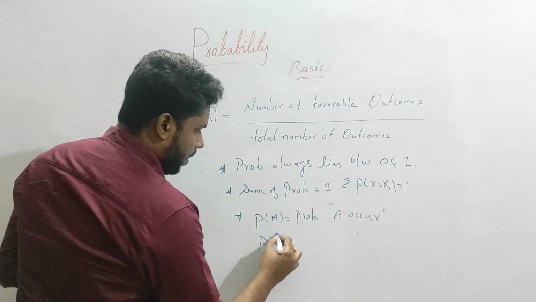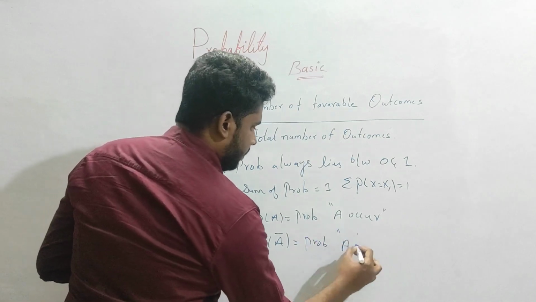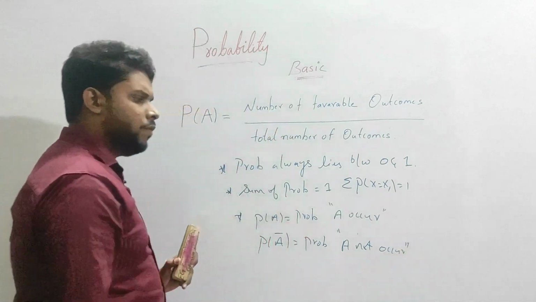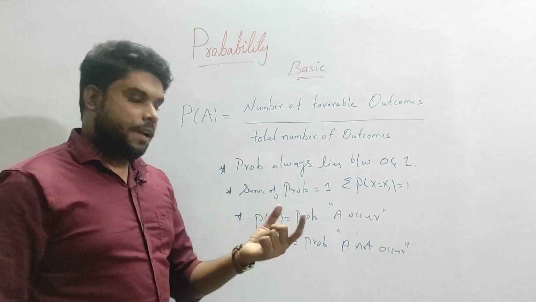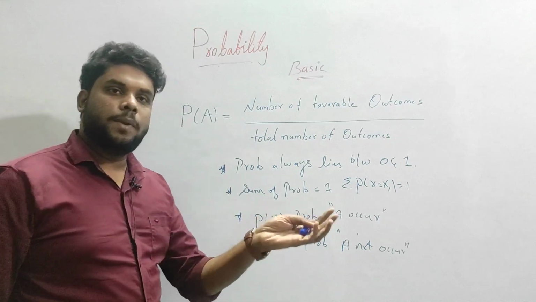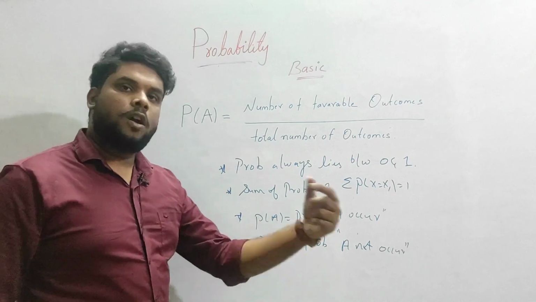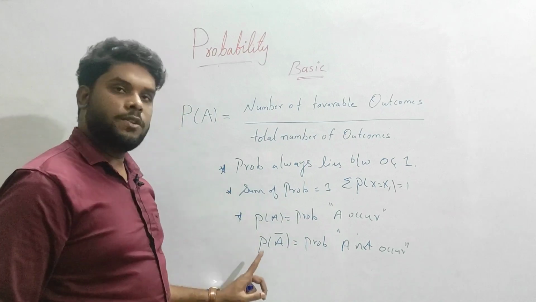This A bar represents the probability that A doesn't occur. What does it mean? For example, I am tossing a coin. P of A represents the probability of getting a head, and A bar represents the probability of not getting a head, that is, of not occurring.